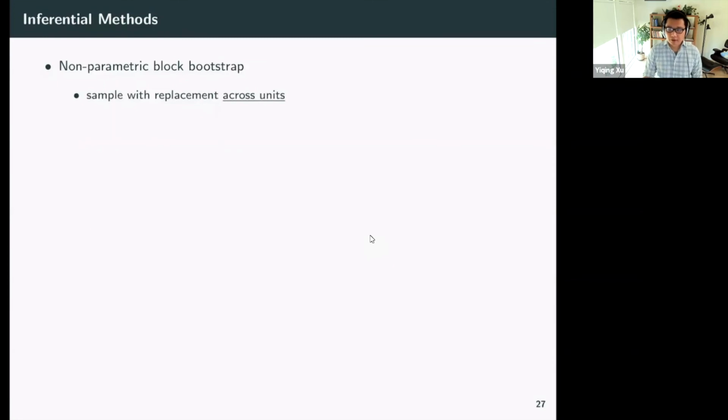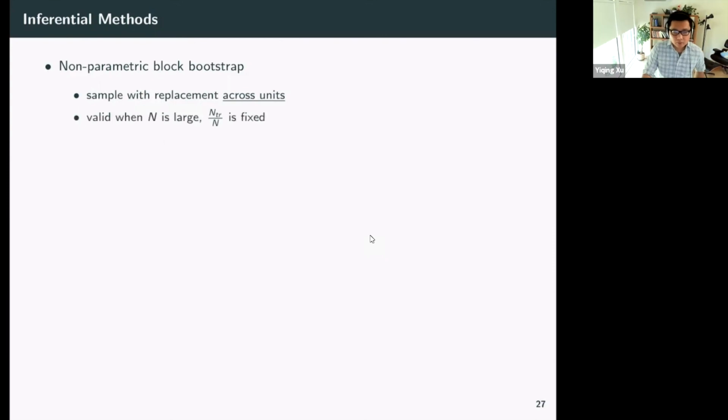Practically, you can use simulation-based methods to obtain standard errors, confidence intervals, or uncertainty estimates. One method is the non-parametric block bootstrap or cluster bootstrap. You sample the entire unit: every time you sample with replacement a set of time series. For each unit, you keep the entire time series intact and then sample by time series.